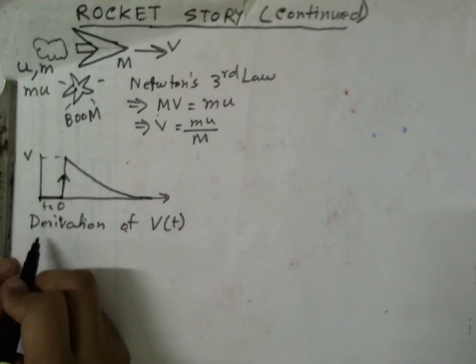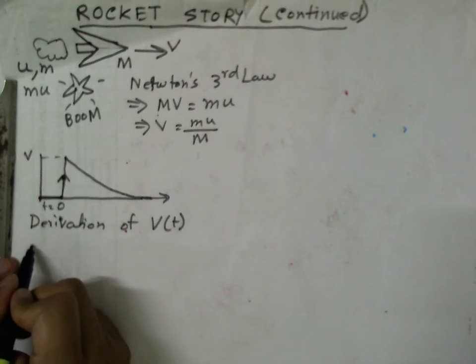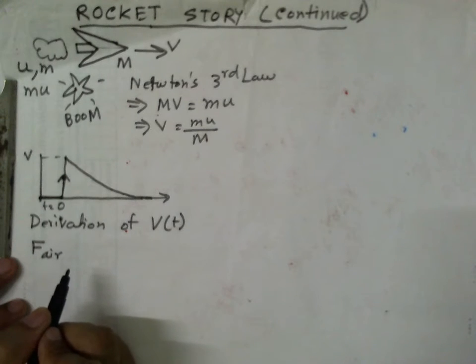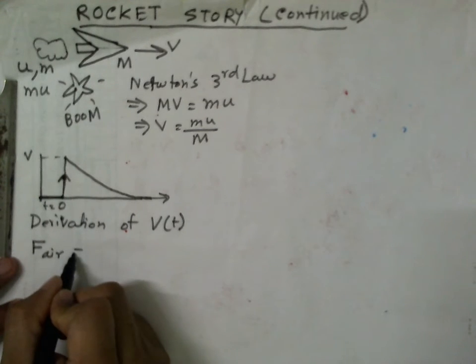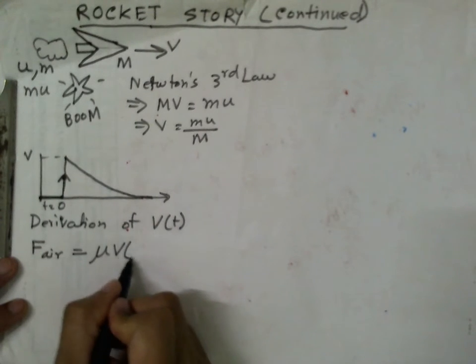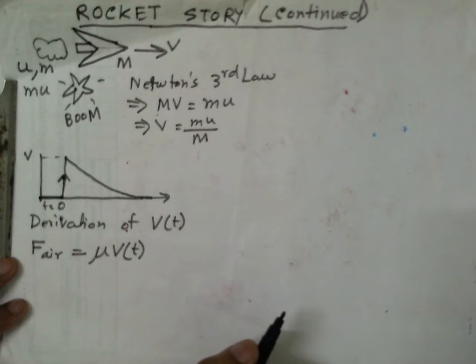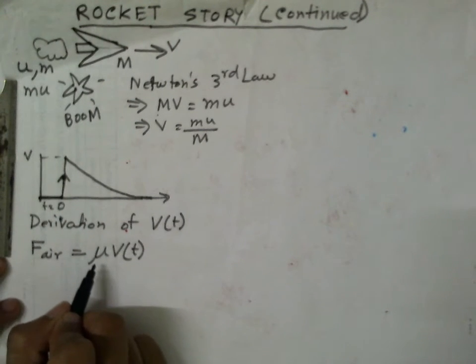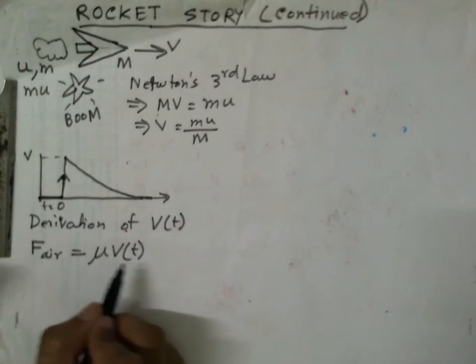Recall that we assumed that the air friction, or force opposing the motion of the rocket, is proportional to the velocity, mu times v(t), where mu is the coefficient of proportionality, or you can call it the friction coefficient.